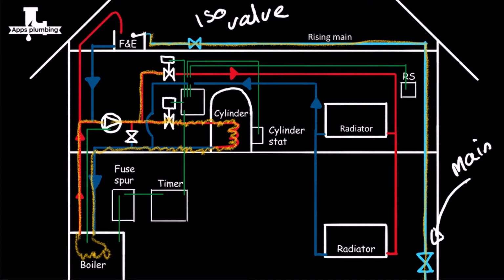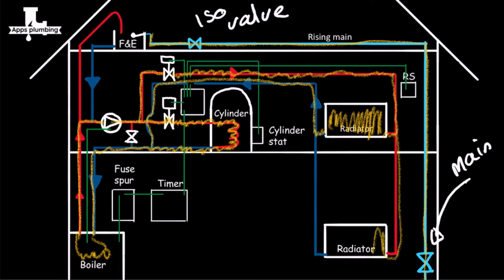Okay, if our room stat says it's too cold, we want some heat and it's time to come on, the two-port valve opens, allows the water to flow through into our radiator and then back, as you can see there. Okay, and obviously to this radiator as well.